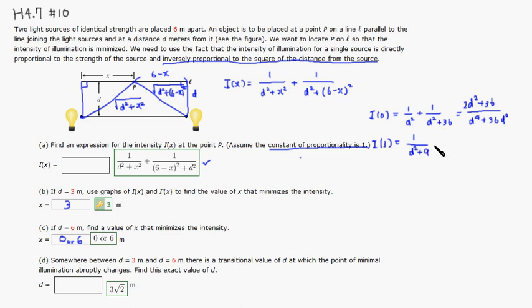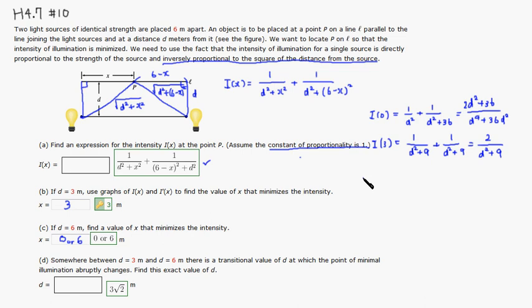Then you have 1 over d squared plus 6 minus 3, which is 3, squared would be 9. So you have two of the same thing, so you have 2 times d squared plus 9. So we want to find the value where these two values are exactly the same. So I'm going to set them equal to each other.